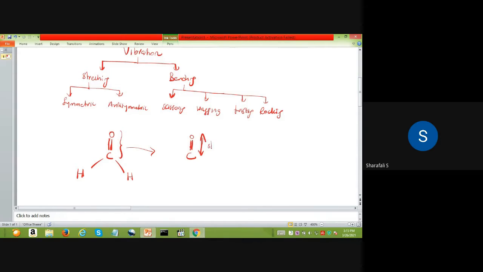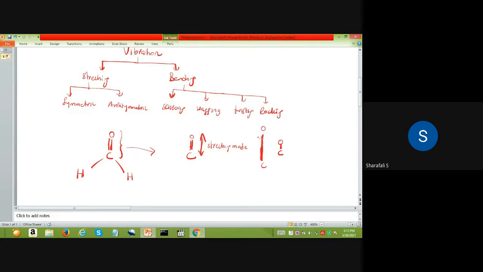It means the oxygen can go away from this carbon like this, or otherwise it can come very close to this carbon. So it can perform this stretching mode vibration.